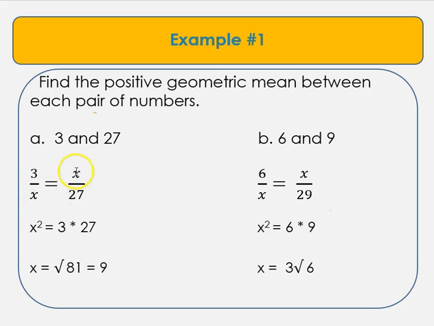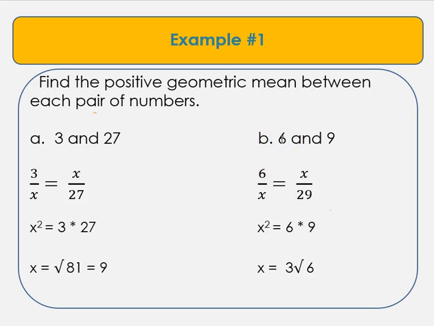The geometric mean will be X in between, and we can take our numbers 3 and 27 and input them. And we will have X squared equals 3 times 27. 3 times 27 is 81. If we solve for X, we'll take the square root of 81, and our answer will be 9. So the altitude of the right triangle will be 9.